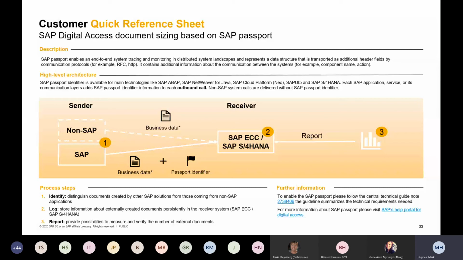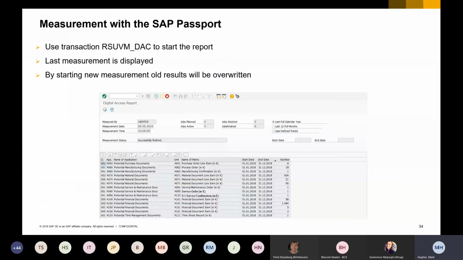It's like when you arrive at the airport and you either have a local passport or you don't, you have to go into 2 different queues. The receiver system can differentiate, can keep a log, and it can then provide you with an outcome similar to the screen here. So in this case, you don't need to know the technical user accounts. You don't need to unpack all of your interfaces and processes to identify which ones to count.